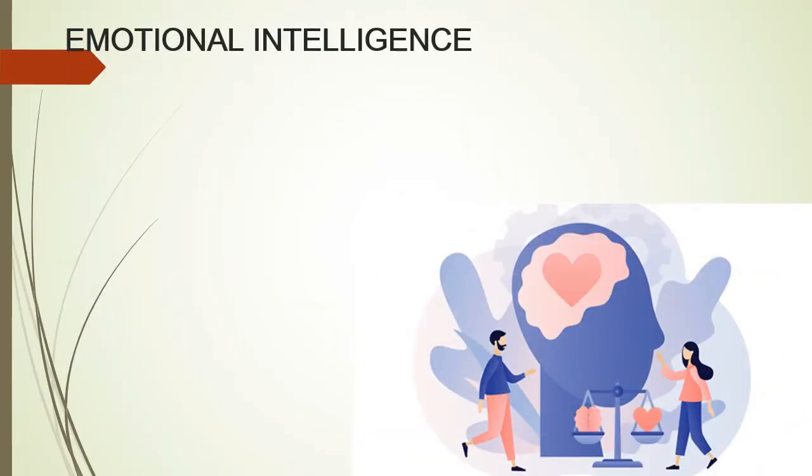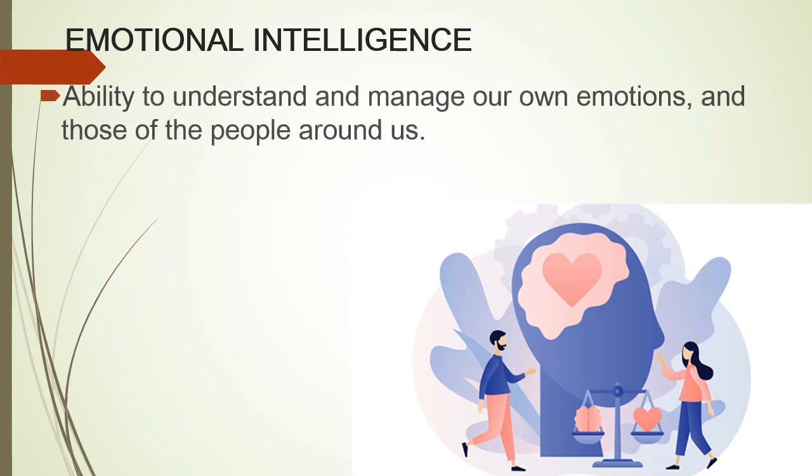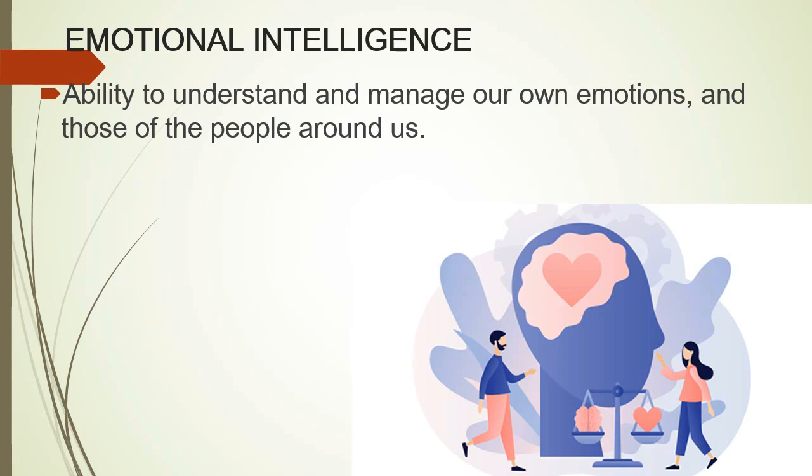So far we have seen logical reasoning, and in that we integrated and learned some of the concepts of emotional intelligence. Now we will discuss in more detail about emotional intelligence itself. Emotional intelligence is the ability to understand and manage our own emotions and those of the people around us.